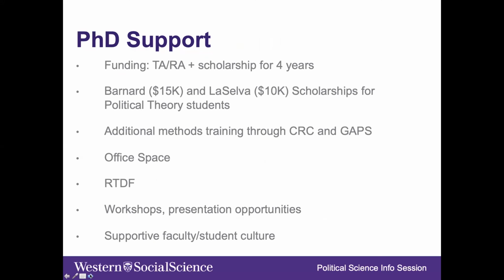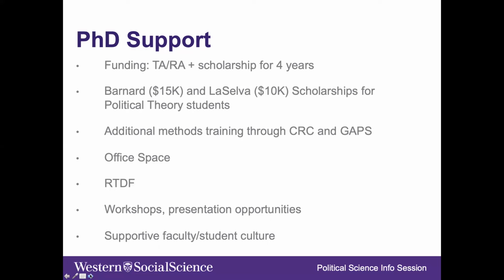The University of Western Ontario provides 4 years of guaranteed funding for our PhD students. It comes with a TA-ship, which sometimes can be an RA-ship. So in some years, what we're hoping to do is that our first-year PhD students will start their first year as RAs, research assistants for our professors, so they'll get some research experience, maybe some opportunities for co-authoring.